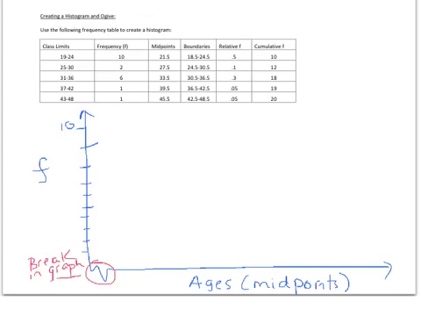Look at the x-axis again. I have my ages, midpoints. There's more than one thing you can put on your x-axis for a histogram. I have two options: I could put the midpoints, or I could put the class boundaries.